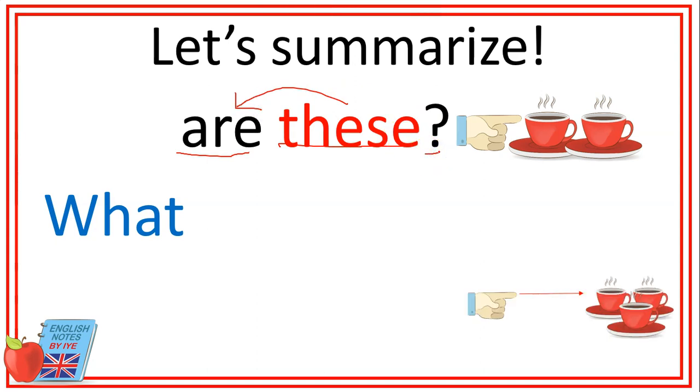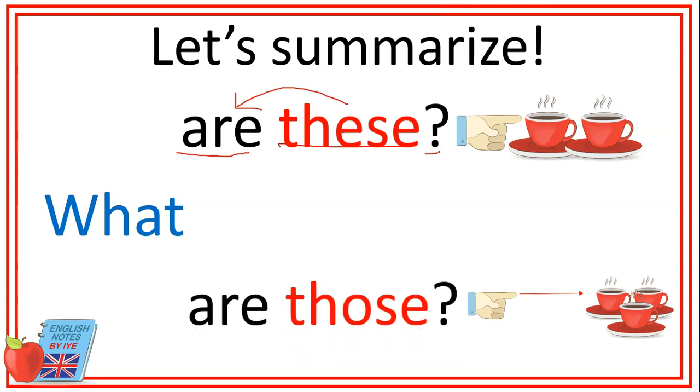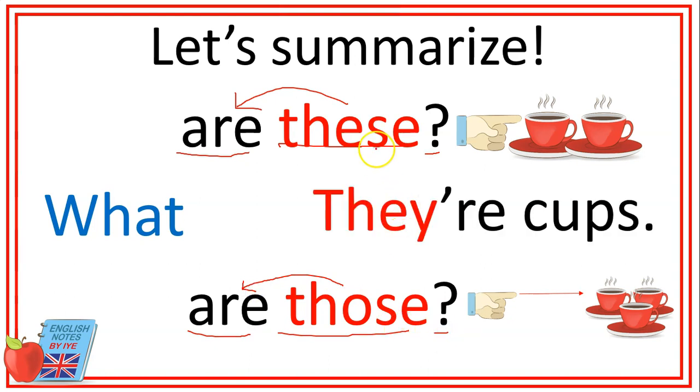Or we can ask, what are those? We use those because the objects are far away. We use are because they are plural, and the verb to be goes before the subject when asking questions. Now, in this case, we substitute the words these and those with the word they when answering. So we say they're cups.